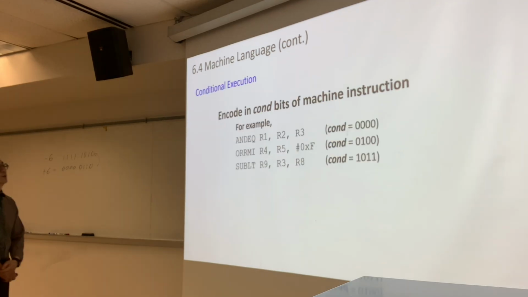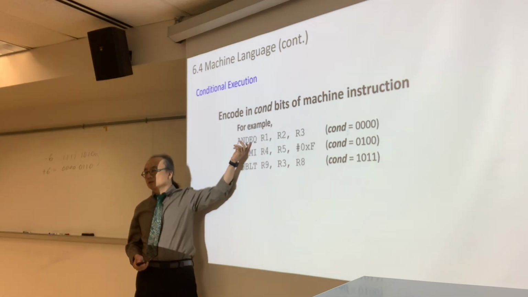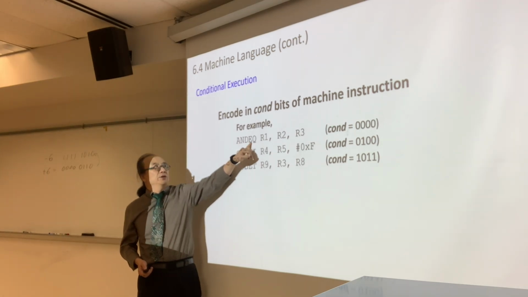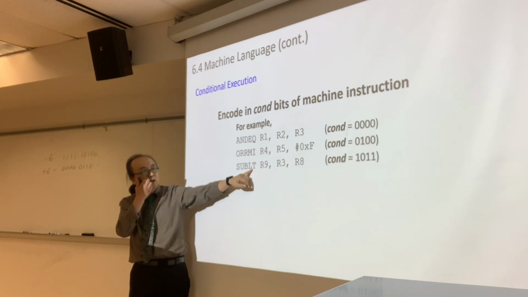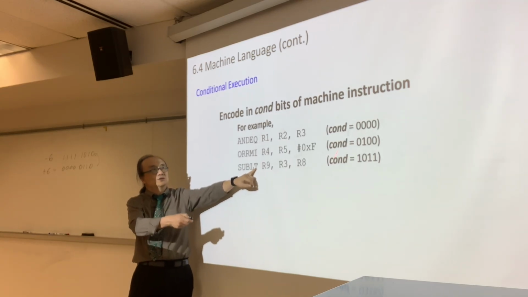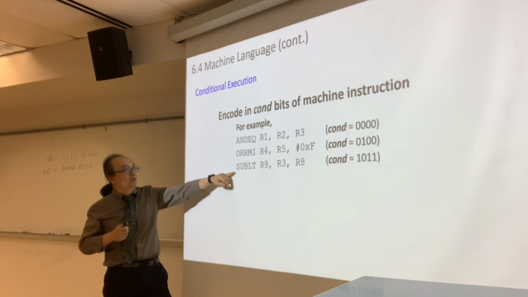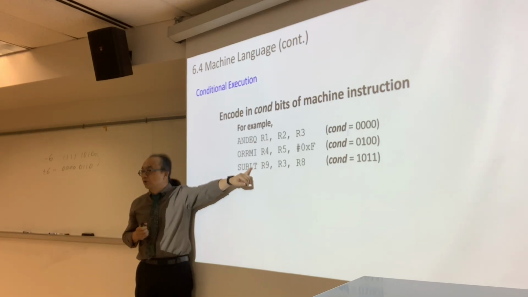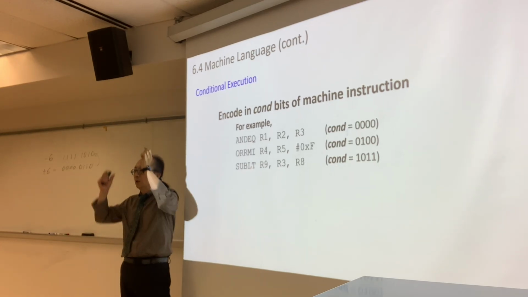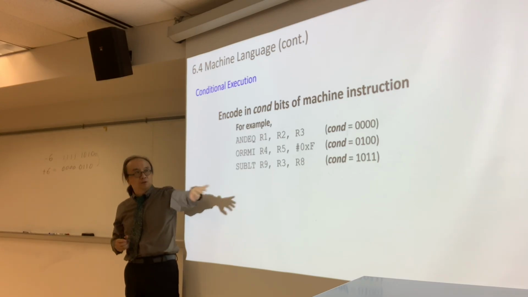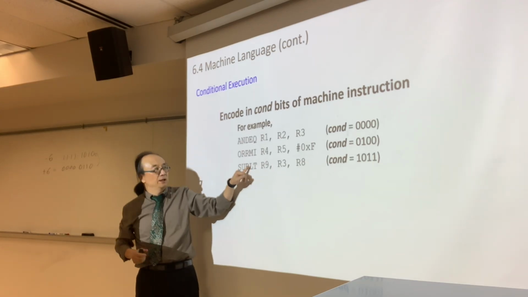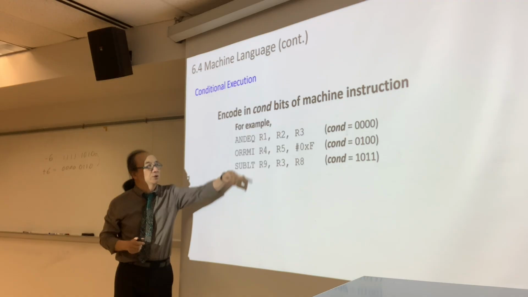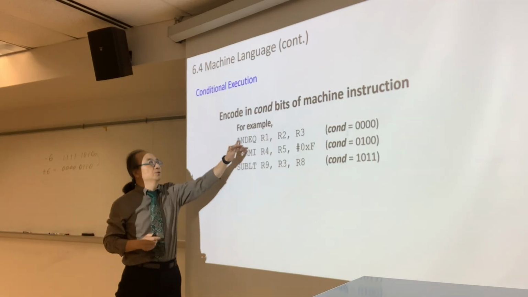Okay, so now some more conditional data processing instructions, plus EQ, MI, LT. Then we obviously need to change the condition code, and then we're going to execute this one, depending on the result of CMP. CMP compares the 2 registers, and if they're true, then we do subtract. If it's true, we do OR. If that is true, we do AND.